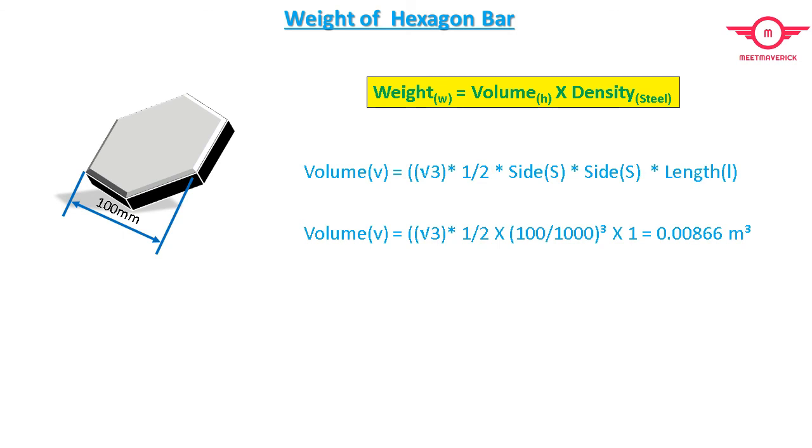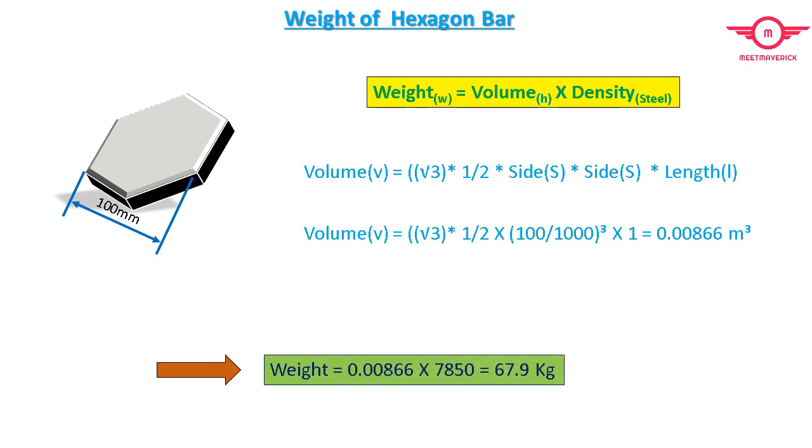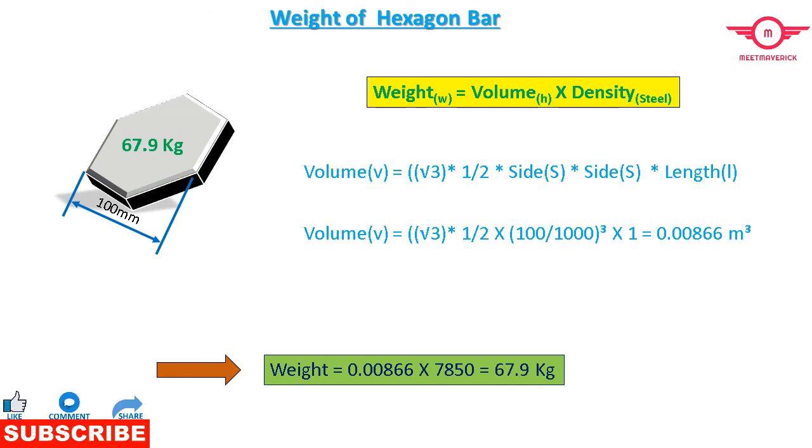So the volume is equal to 0.00866 meter cube. So weight of hexagonal bar is 0.00866 into 7850, which is equal to 67.98 kg of hexagonal bar.